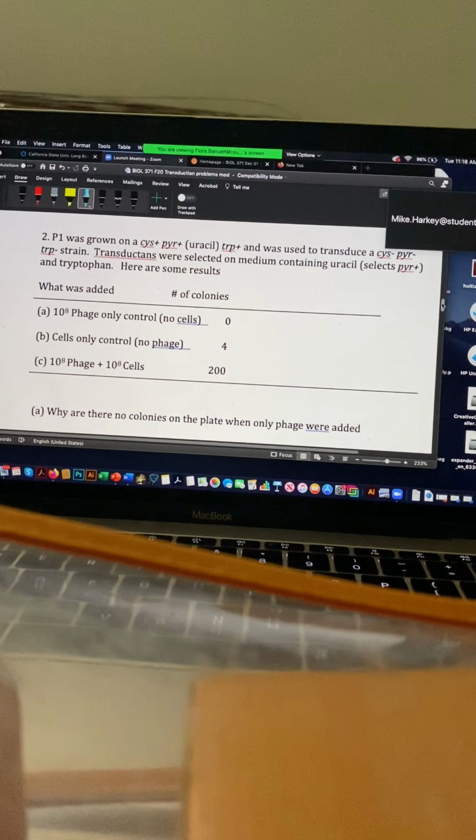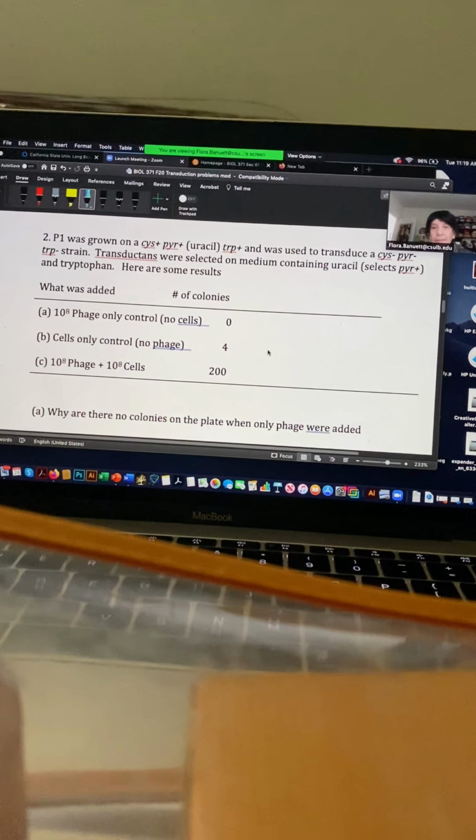Transduced cells? Yes, those are transductants, because you're mixing both and plating and you're getting this many transductants. So they are pyr plus and trp plus transductants. Okay? So this is just to show the use of controls in a transduction.